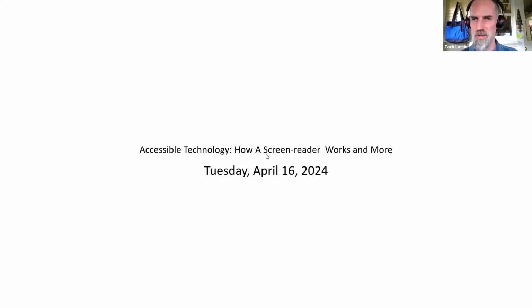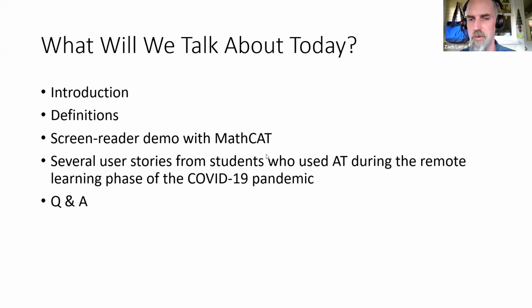So yeah, this presentation is called Accessible Technology, How a Screen Reader Works and More. And just so we have a roadmap of what we're doing today, I'll introduce myself again, and then we'll have some definitions, because I always think that math STEM talks need to have definitions.